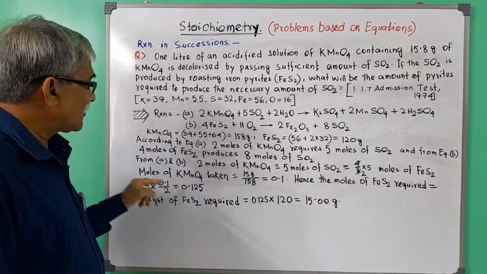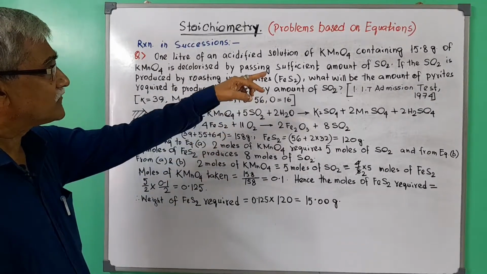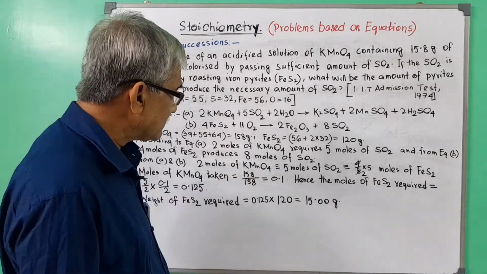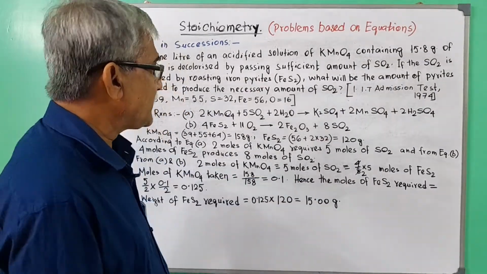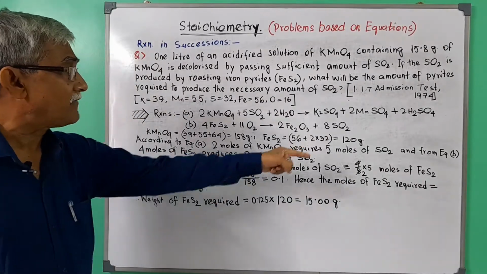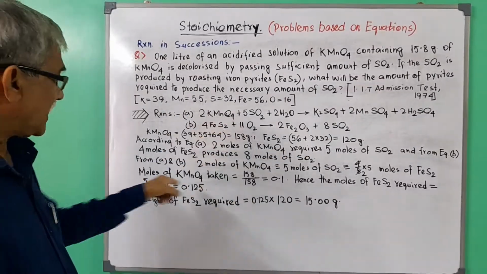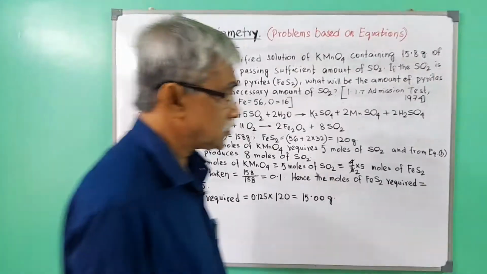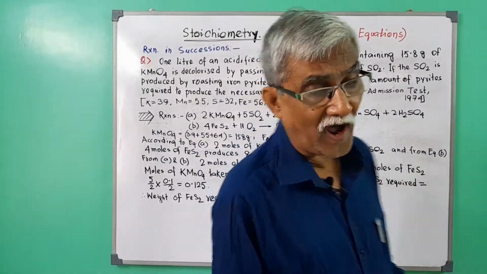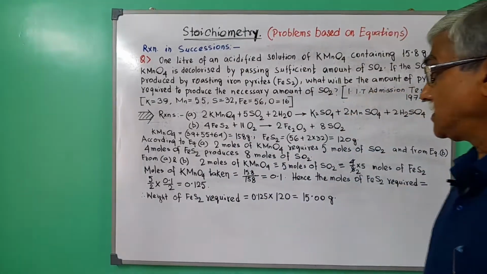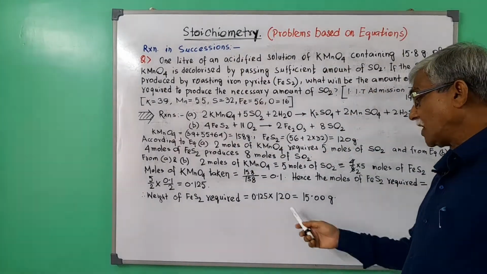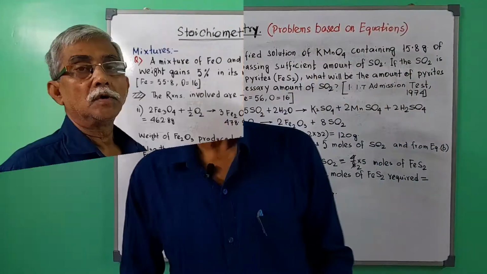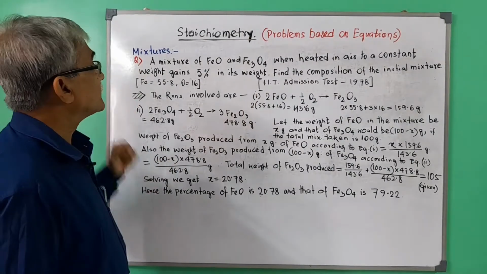Therefore, moles of potassium permanganate taken, it was given 15.8 grams by the molecular weight 158, that is 0.1. Hence, the moles of FeS2 required is equal to 5 by 2 into 0.1 upon 2, that equals 0.125. Therefore, weight of FeS2 iron pyrites required is equal to 0.125 into 120, that amounts to 15.00 grams.